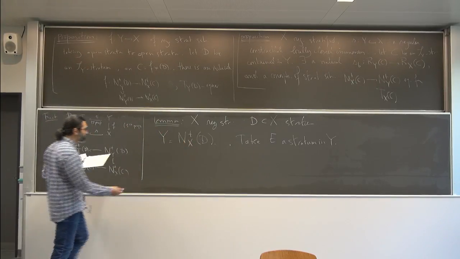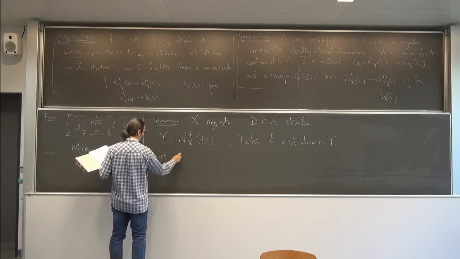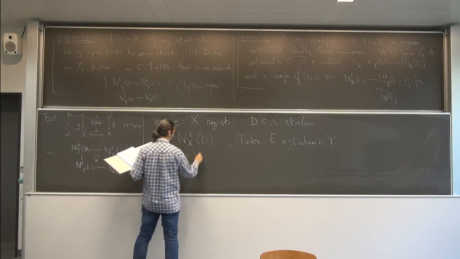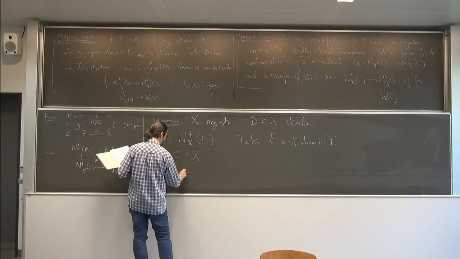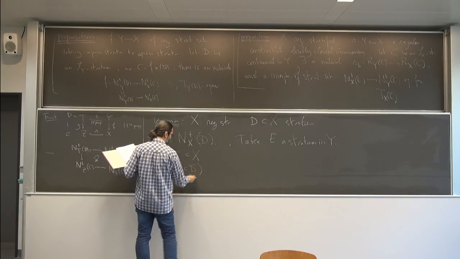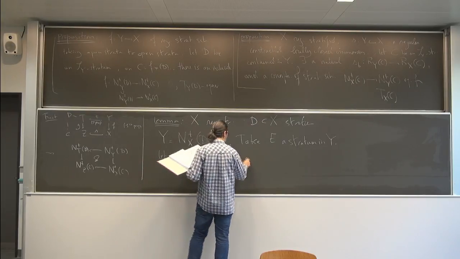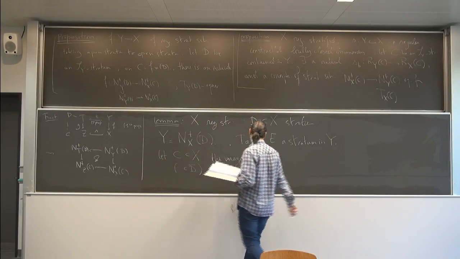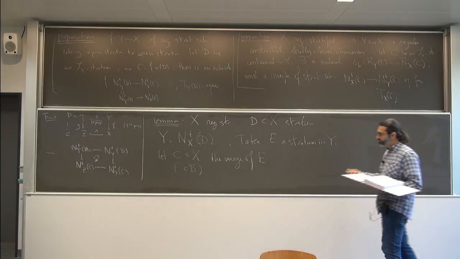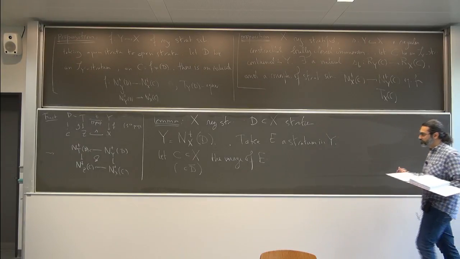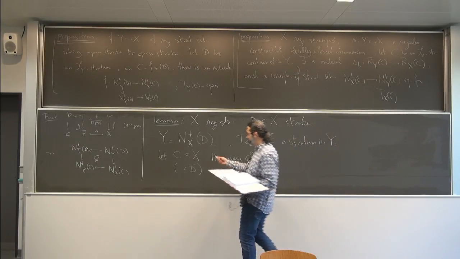So we can take C inside X, and in fact it's inside D bar, the image of E. In fact, here the image of E is really a stratum, so there is no need to say a stratum that contains the image.